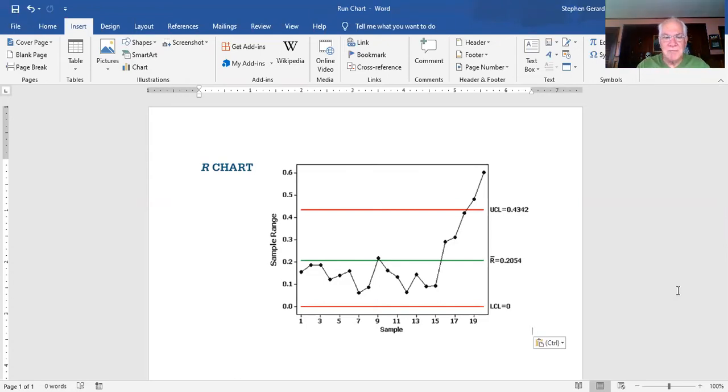What you have in this is an average value, and there's always variation around that average. And then you have a lower control limit and an upper control limit. Those are typically set by fairly arbitrary processes, but they're not totally arbitrary. You say, it really can't vary beyond this or below this.